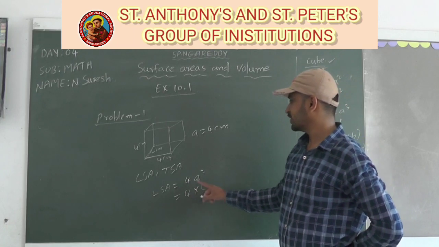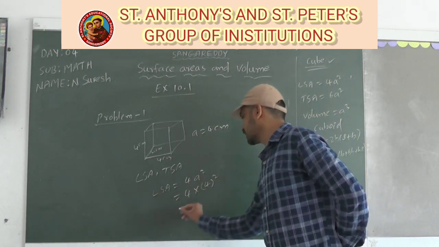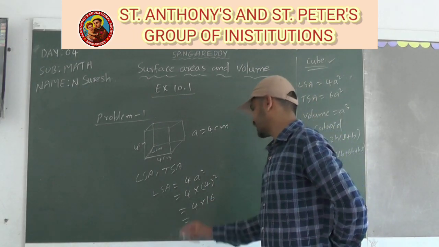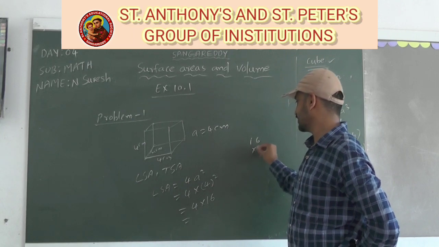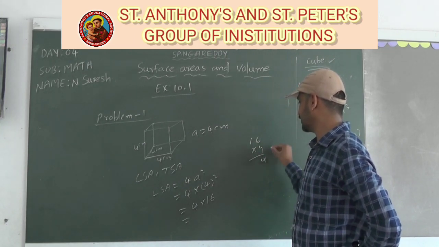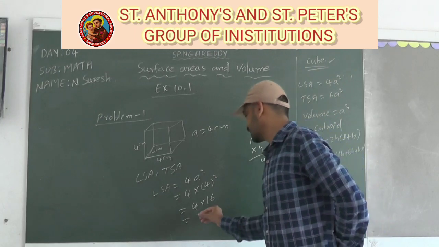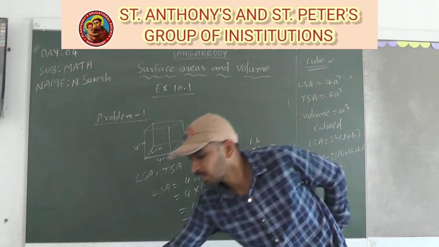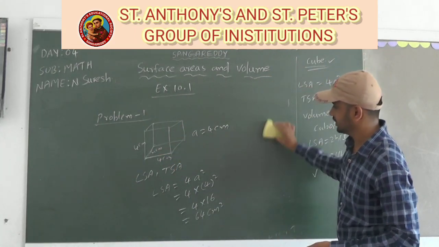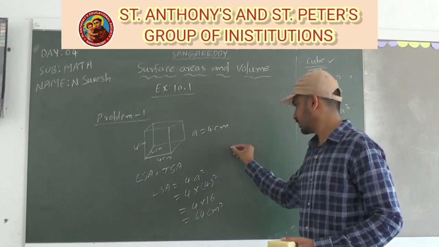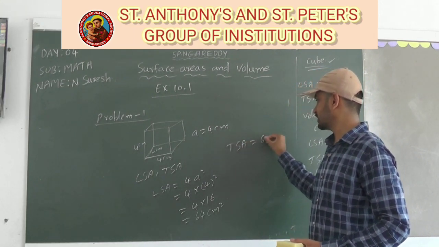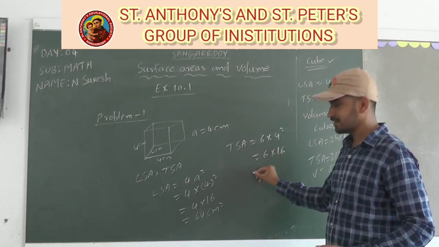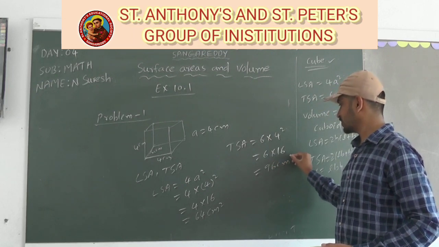So LSA equals 4 into a square, 4 into 4 square. 4 into 16, 4 6s are 24, so 64 centimeters square. This is the LSA. Next you have to find the TSA. TSA is 6a square. 6 into a value is 4, 4 square. 6 into 16 is 96 centimeters square for the first one.